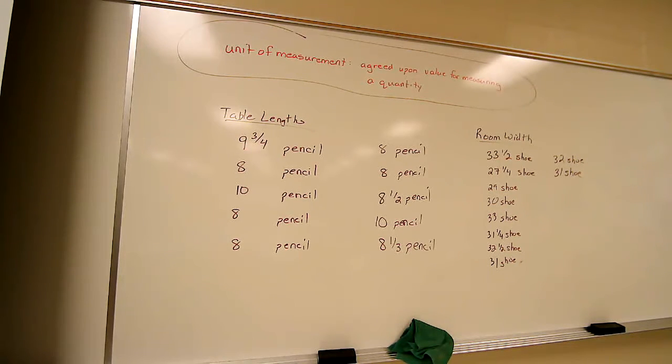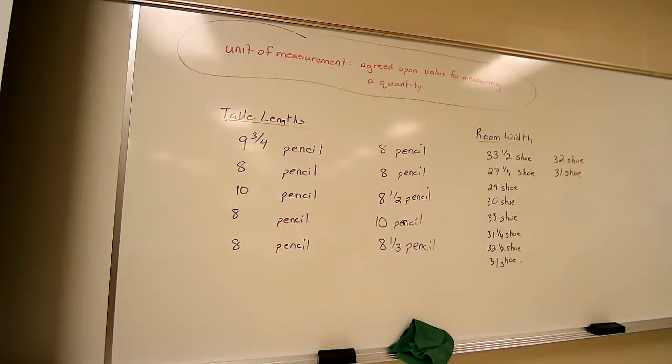An agreed upon value for measuring a quantity. So the problem that we were having, that you all experienced, and yes, I knew you would know this, and I knew they would obviously be different.